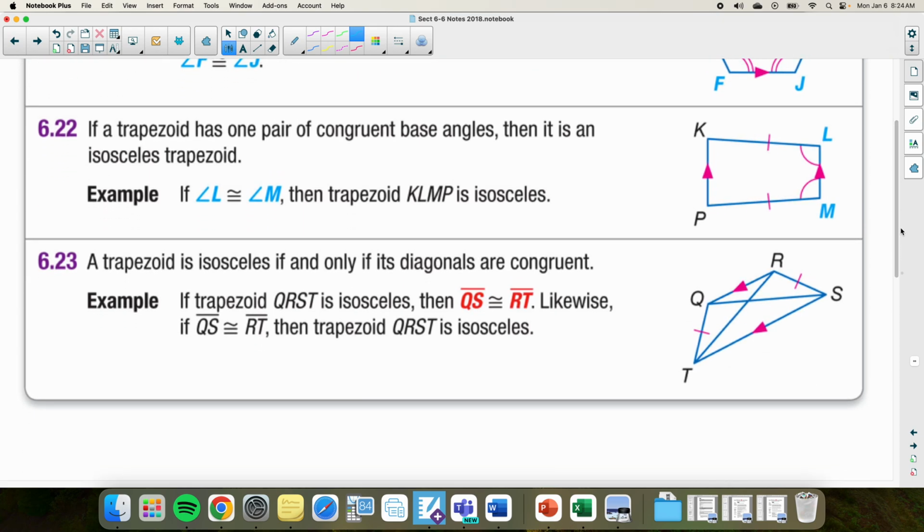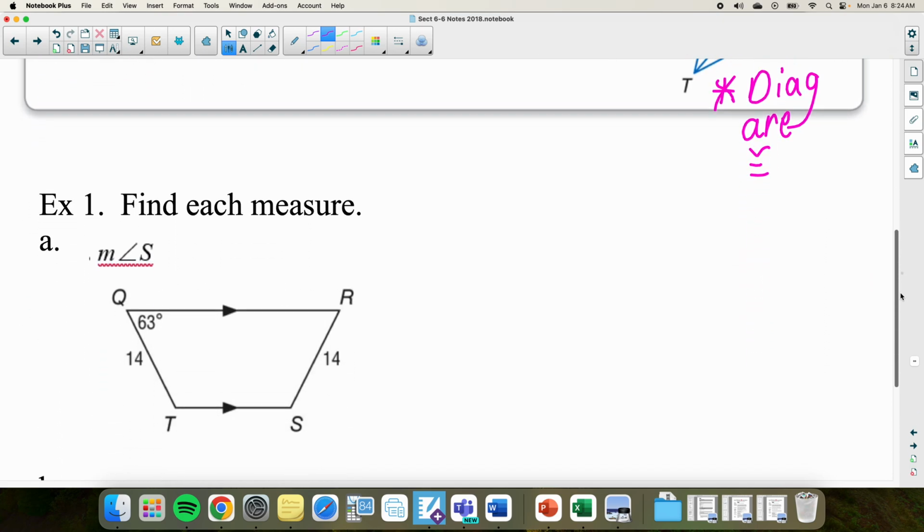This one we're not going to really talk about, but this one is saying if you have an isosceles trapezoid, which would mean that your two legs are congruent, what happens then is your diagonals are congruent. Okay, so that's another thing that's true, is that your diagonals are congruent.